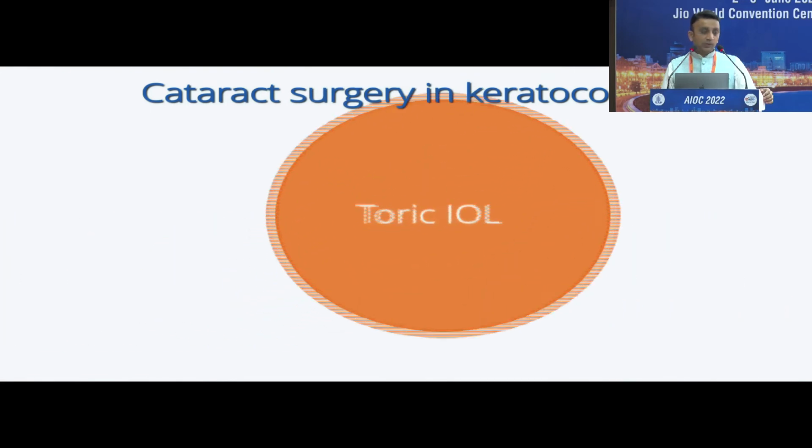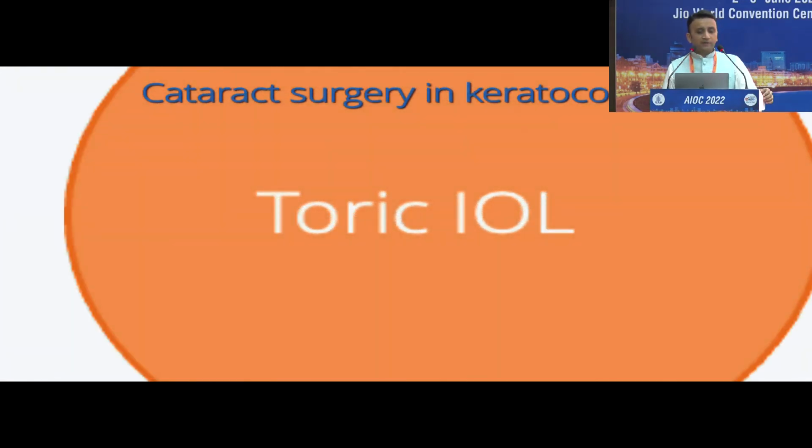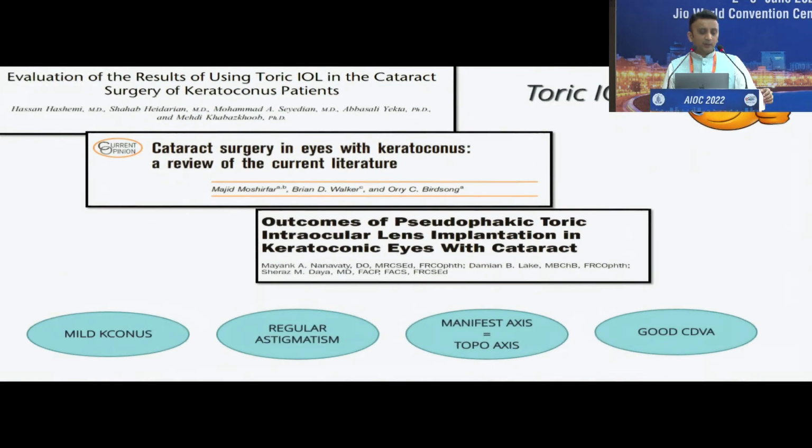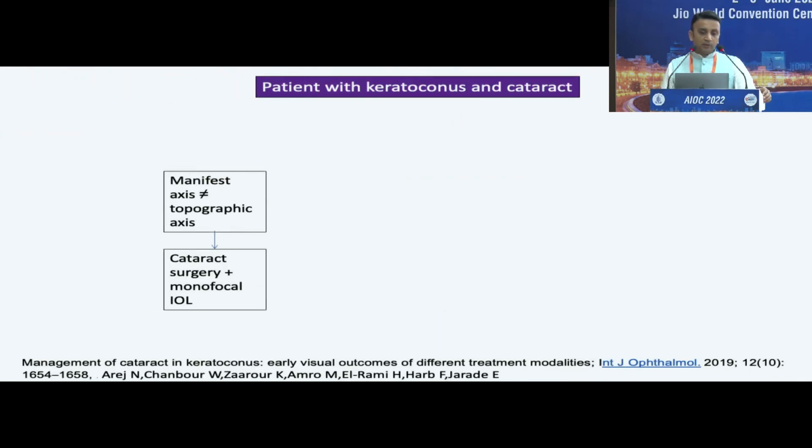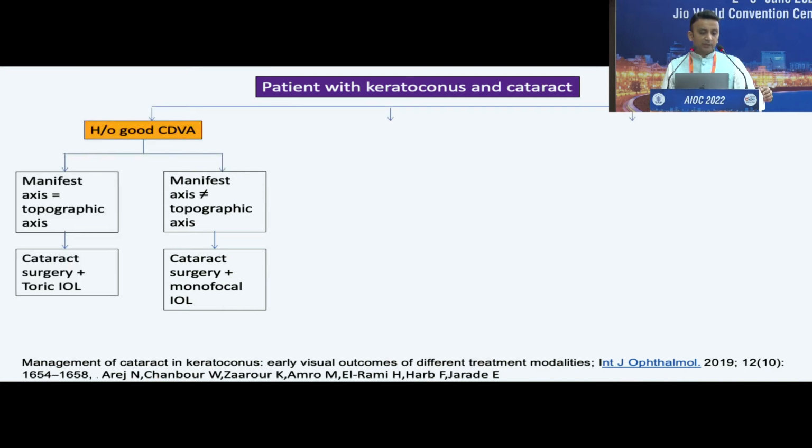Coming to the toric part, by default, if it's a cone which is not a regular cone, it's not a great idea to think of a toric. So in mild keratoconus with regular astigmatism, where manifest and topographic astigmatism are similar, then possibly you can think of a toric, but otherwise no. If manifest refraction and topographic astigmatism are similar, yes, we can go for it. Otherwise, not the best idea.